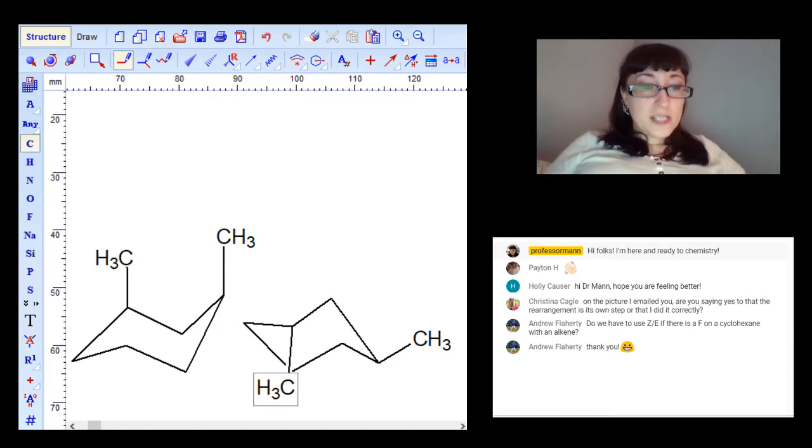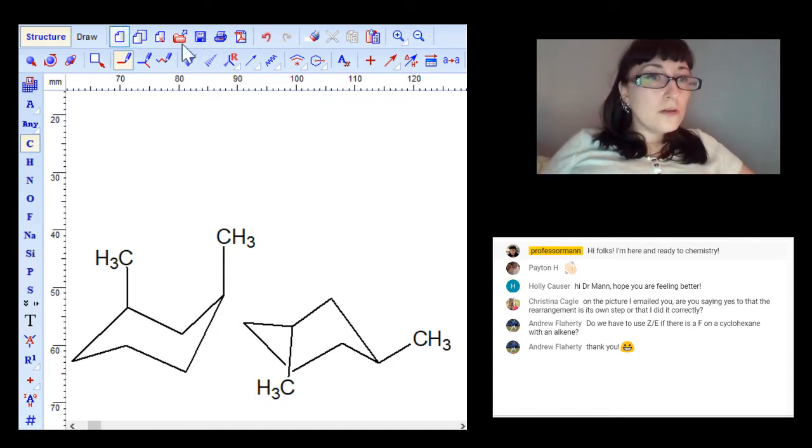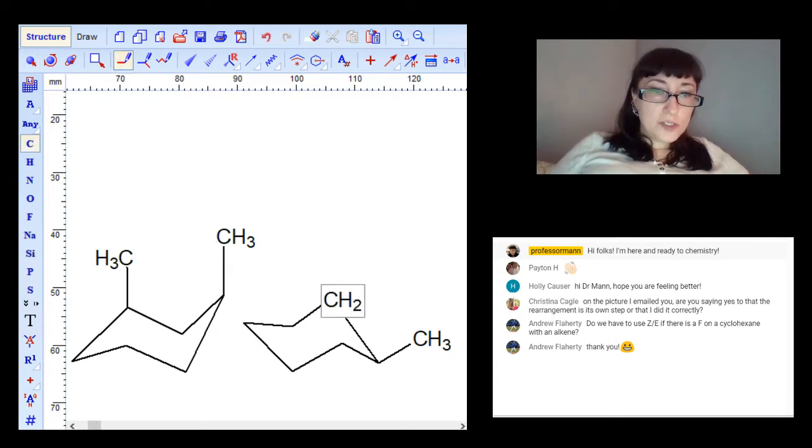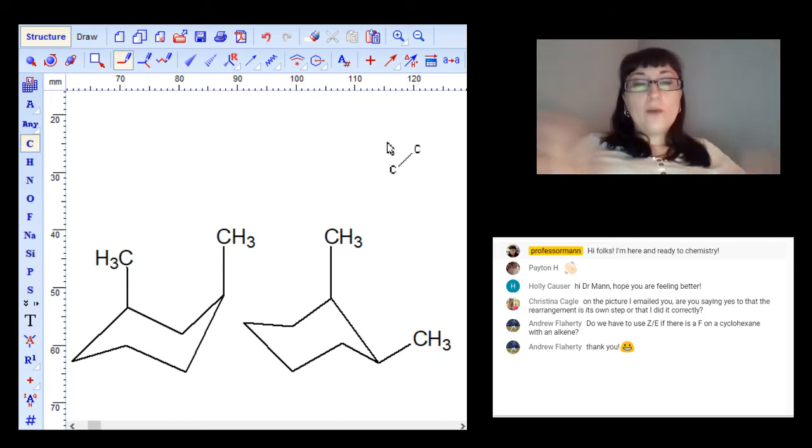Then let's say now I'm looking at these two molecules. Now I'm looking at a 1,3-dimethyl and a 1,2-dimethyl. Those have different names, because the carbons are in different spots. And so that would mean that those would be constitutional isomers.